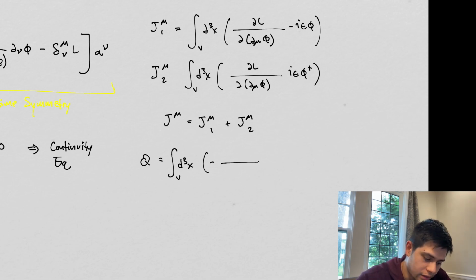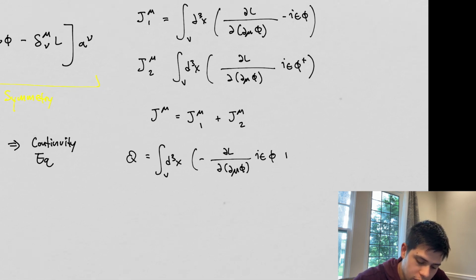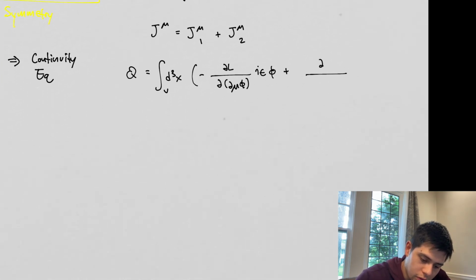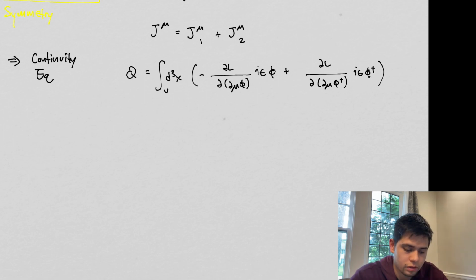we have that minus sign, which is right here, which is where that came from. And we have dL d mu phi times i e phi, plus dL d mu phi dagger times i e phi dagger, okay?